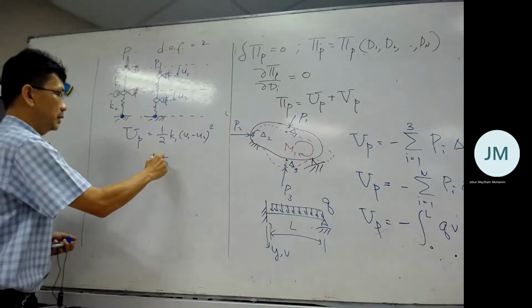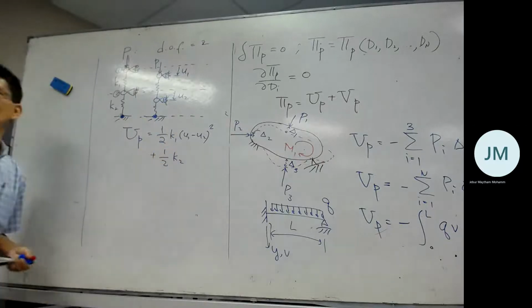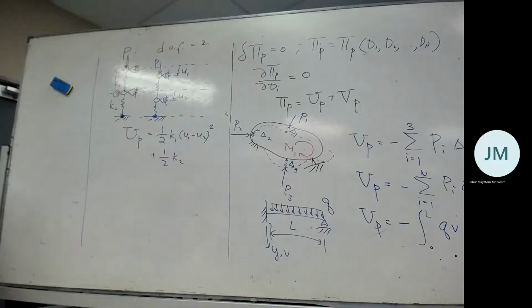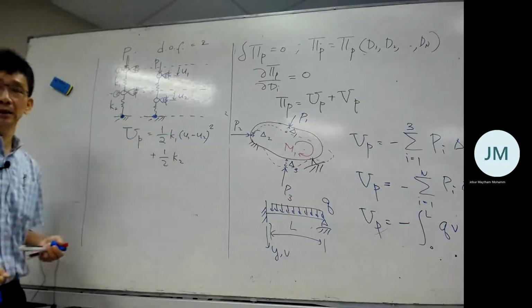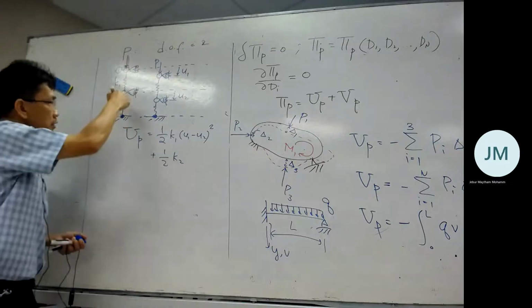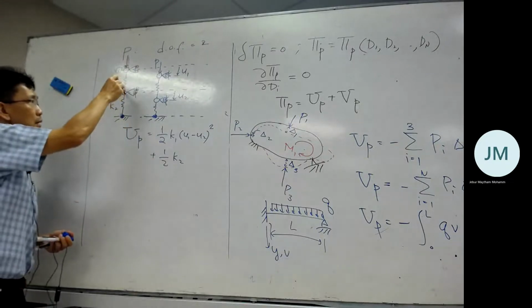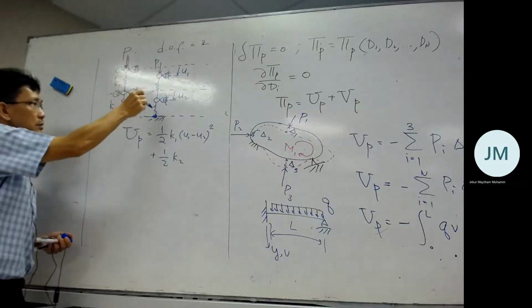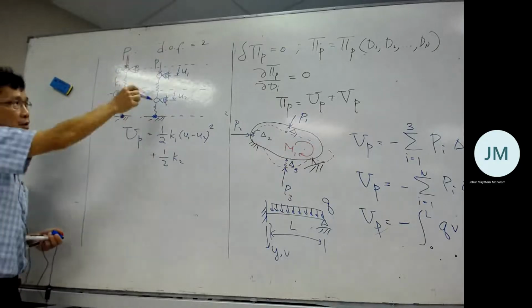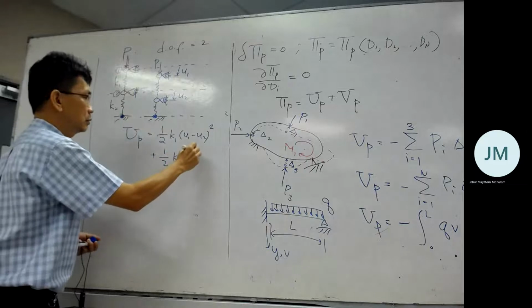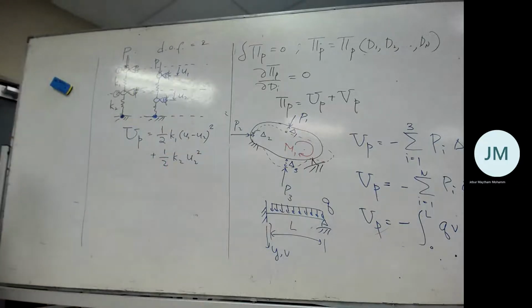Then for the second spring, this is the beauty of energy, we can just add up like this. For the second spring, the change in length: originally it is here, then this point comes down here. So the change in length of this spring from this diagram is just equal to U2, and then you square it.